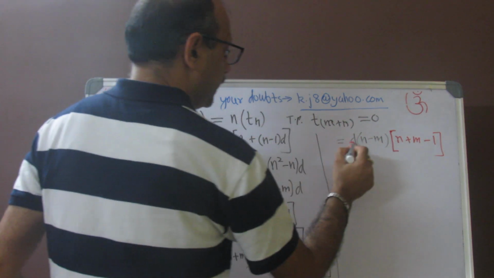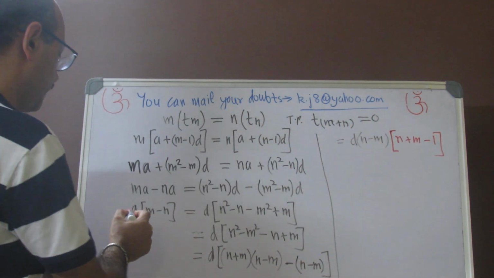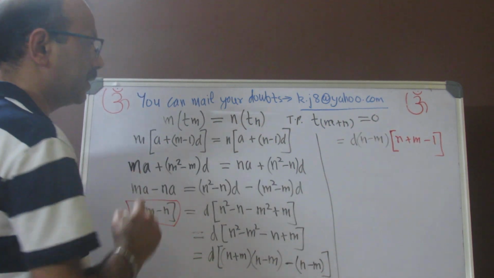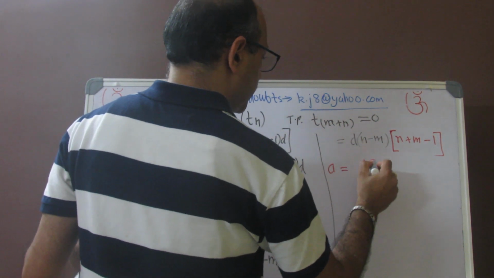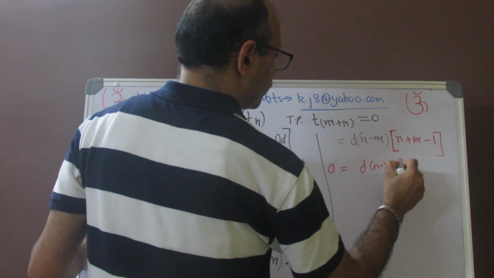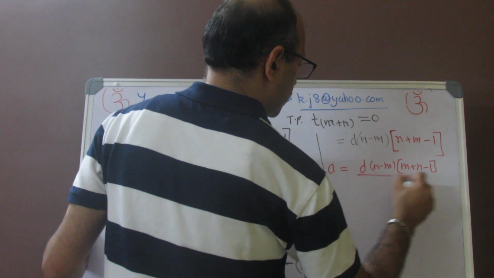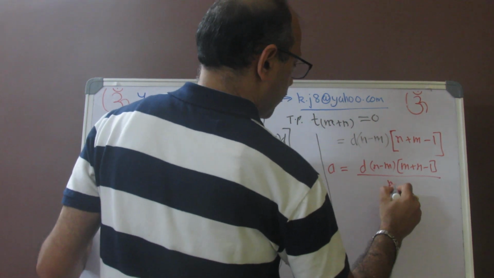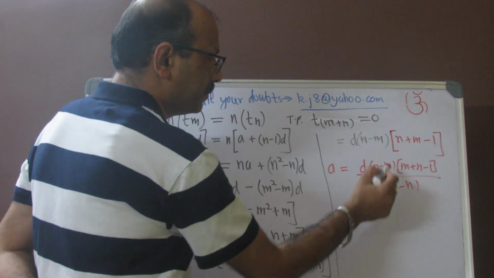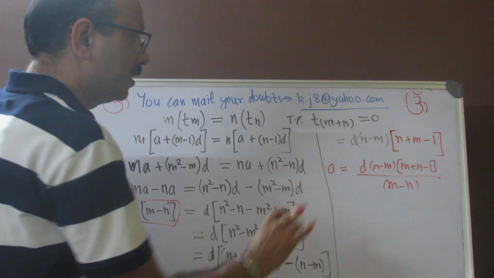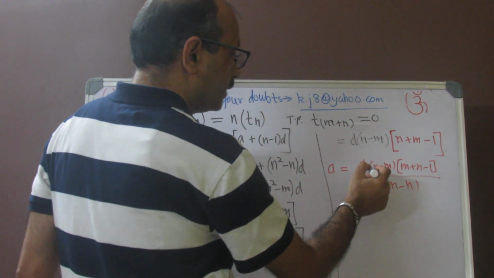Okay, so we have D into N minus M into N plus M minus 1, which equals A into M minus N. That means A equals D into N minus M into M plus N minus 1 divided by M minus N. Now if you look, this is N minus M and this is M minus N. To make them equal, let us take minus 1 common.